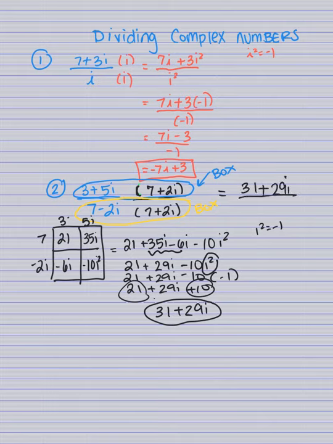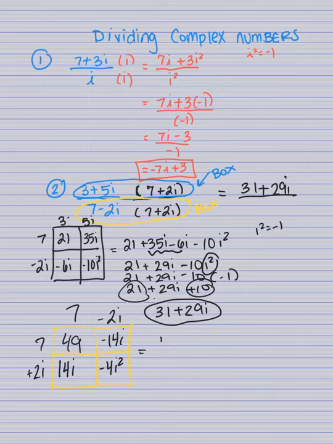Now we need to do the denominator. So that's going to be 7 minus 2i, and 7 plus 2i. 7 times 7 is 49. 7 times negative 2i is negative 14i. 2i times 7 is positive 14i. Negative 2i times positive 2i is negative 4i squared.